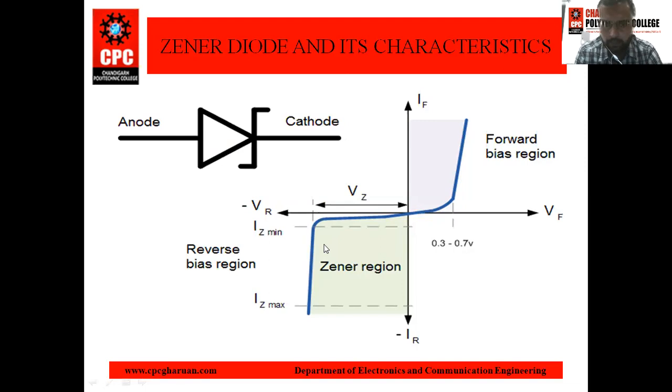After VZ, no matter how much the input voltage increases, at the output the voltage remains constant. So it is used where we require a constant voltage, such as in electronic receivers.